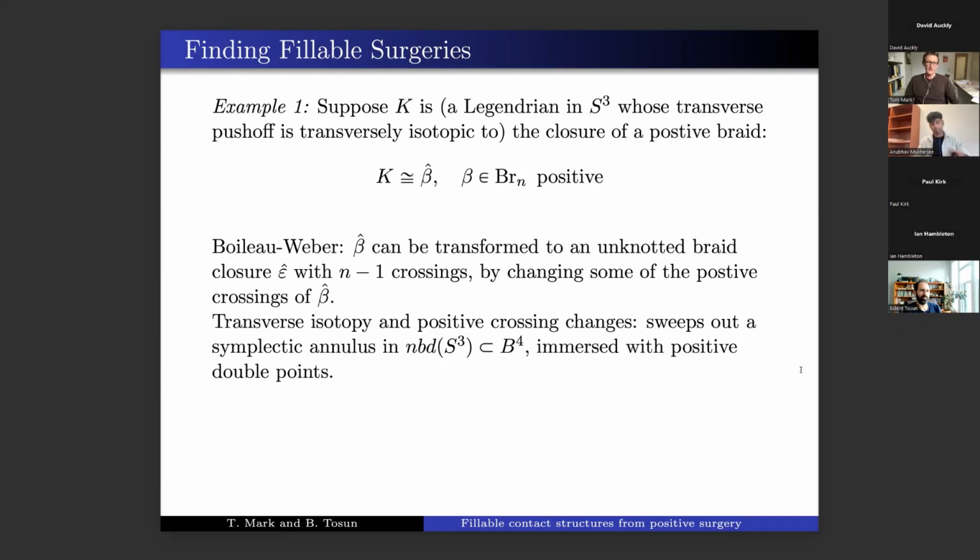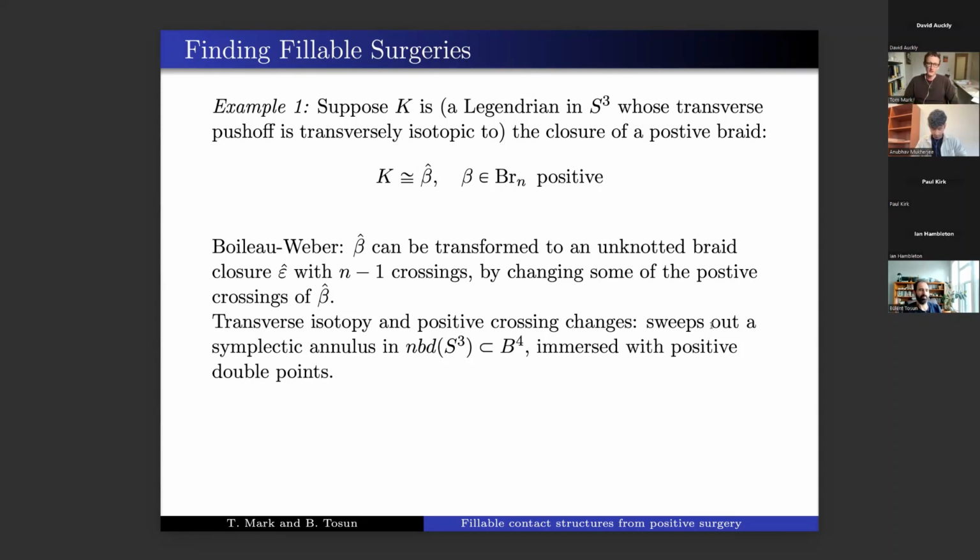So the point is that if you think about changing crossings as some sort of singular isotopy, then you look at the trace of that, where you're not thinking of your knot as transverse to start with. When you do this isotopy, it sweeps out a symplectic surface, and changing a positive crossing means that surface has a self-intersection, and it's positive because you've changed a positive crossing.